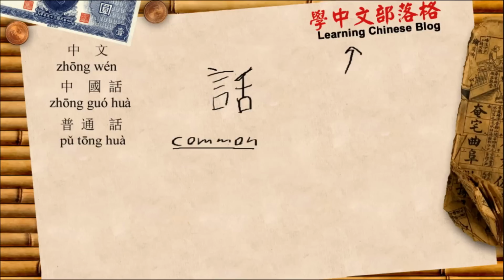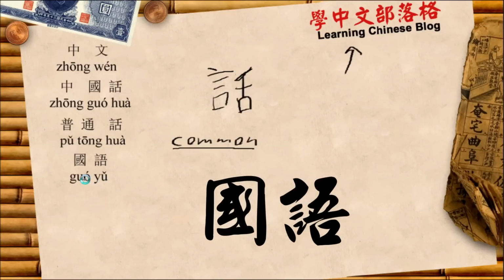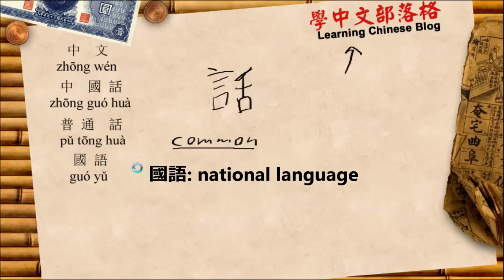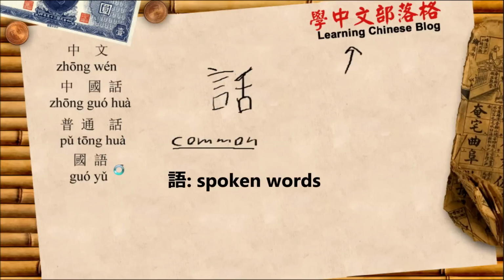And after this, what's this? 国语. Oh, here's a new word. 语. We had 国 up here, that meant country in 中国. So here we have country language, or country tongue, right? It's like your national language, sort of. And 话语 means words, or a language of some sort.